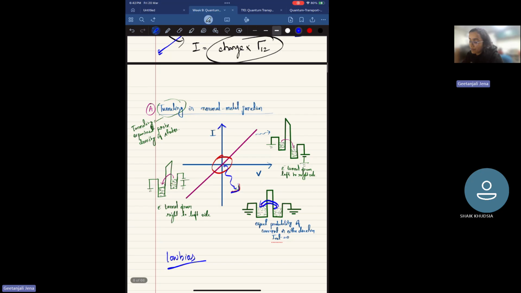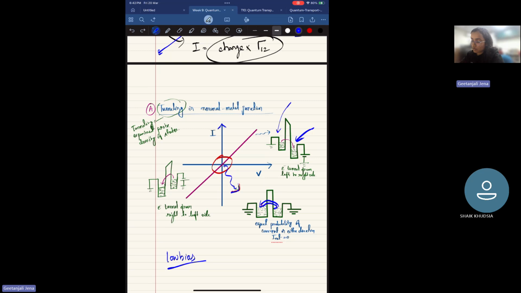Now, when we apply a positive bias, let us say we apply positive bias to the right side and negative bias to the left side. That means if you apply a positive bias, then the energy will go down. So that is why this is figured lower than this state.